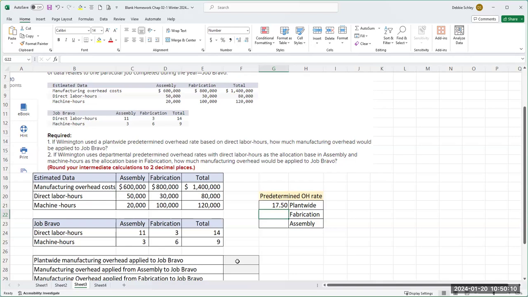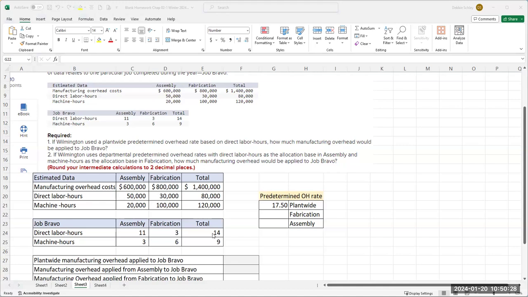So plant-wide, let me read this again, because in this one, each one is based on different things. So we need to make sure we're using the right numbers. So again, this is based on direct labor hours.